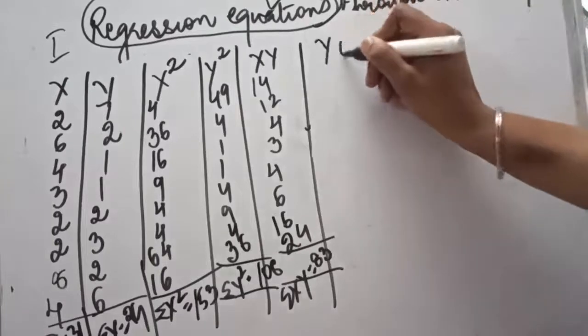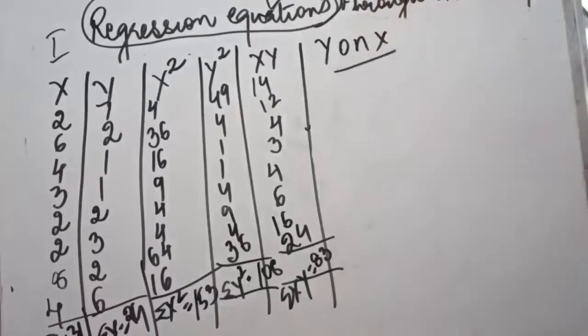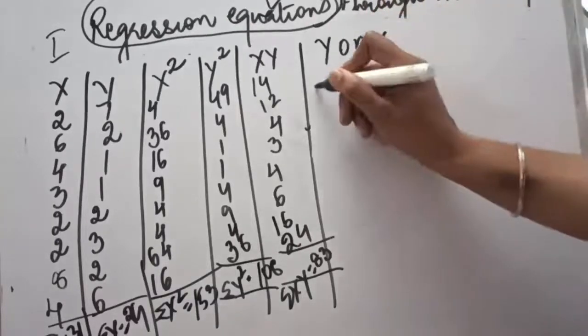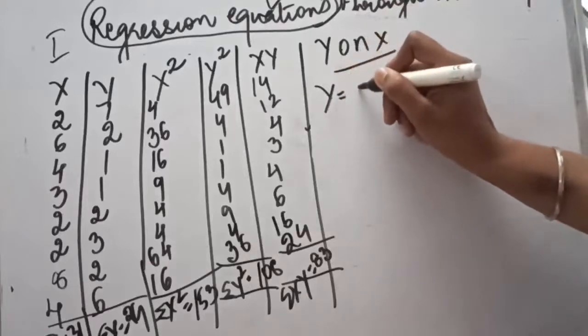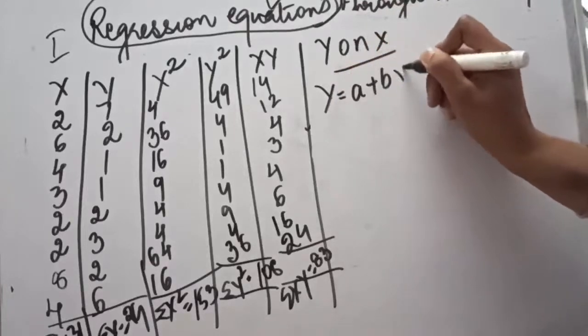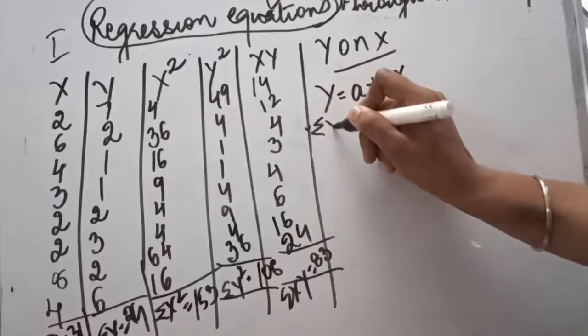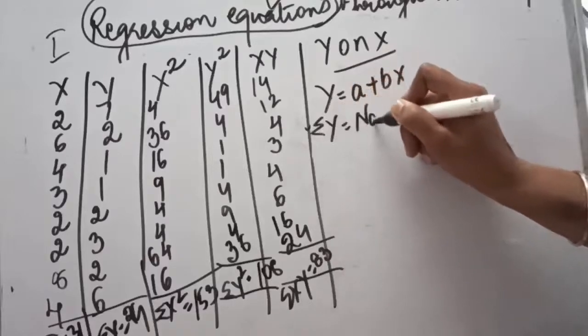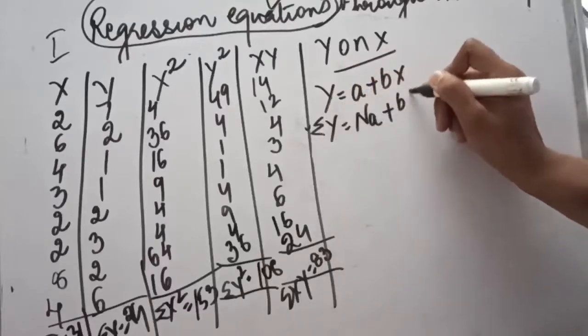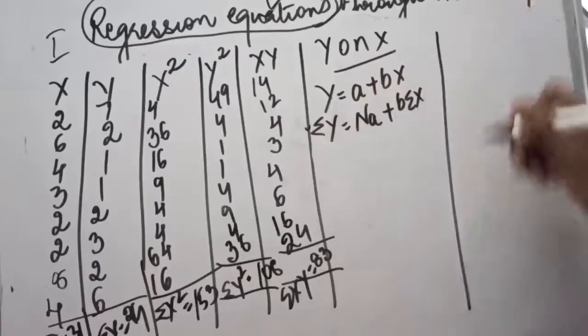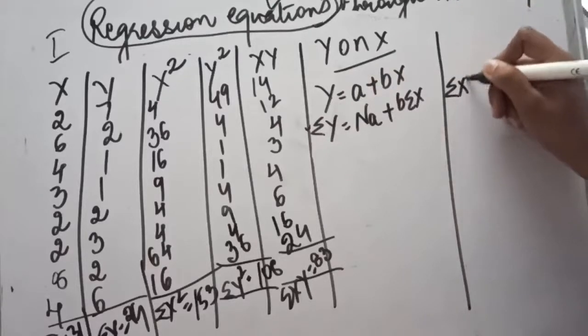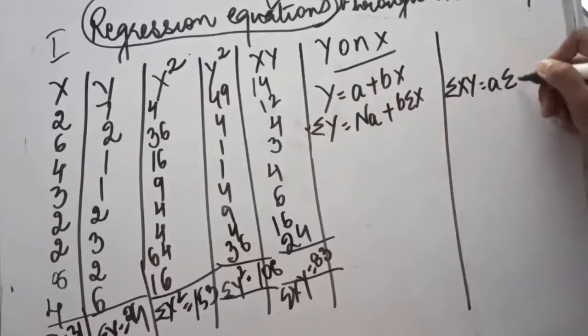To calculate the y on x equation, again we will go with the same procedure. If you remember, our equation was y is equal to a plus bx, and this we converted by multiplying both sides with sigma, and then we multiplied both sides with x, like this.